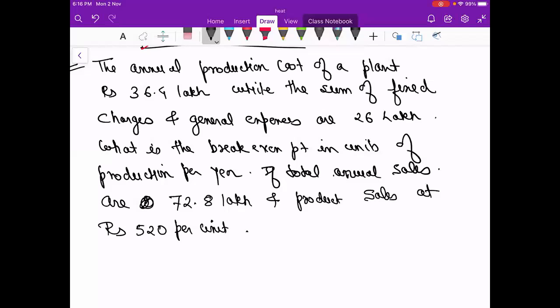Wrong answers noted. See, it is the same thing: at the time of the concept, everyone is saying yes. But at the time of solving the question, only some students are getting the answer.